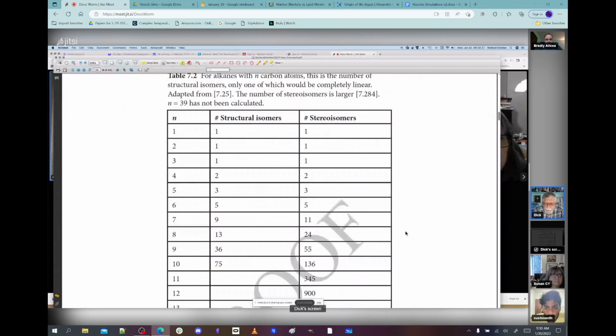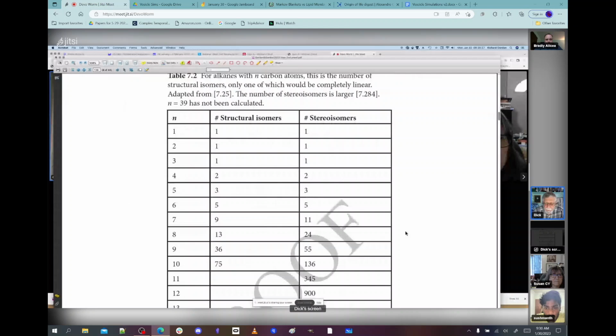Here's even more. That's a combinatoric calculation; it's sort of the number of trees you can make for that number of atoms.